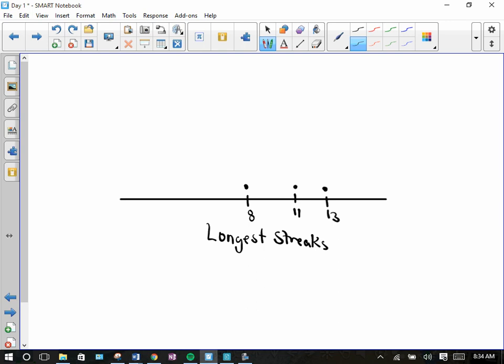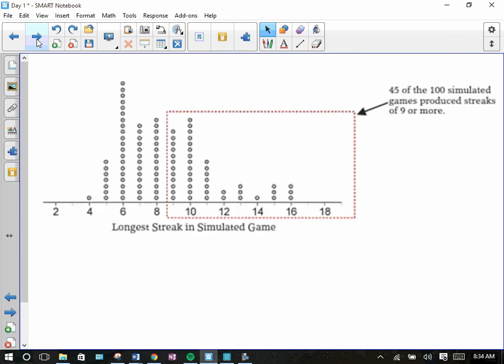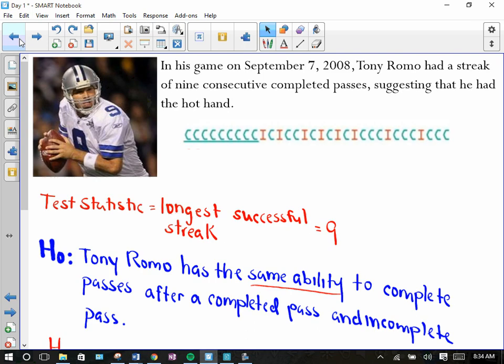So, what that means is we need to use technology. So what I've already done, and you guys will see how to use this eventually, is I've created a dot plot. Here's a dot plot of 100 simulations of that game. So each one of these dots represents the 32 passes for that game.